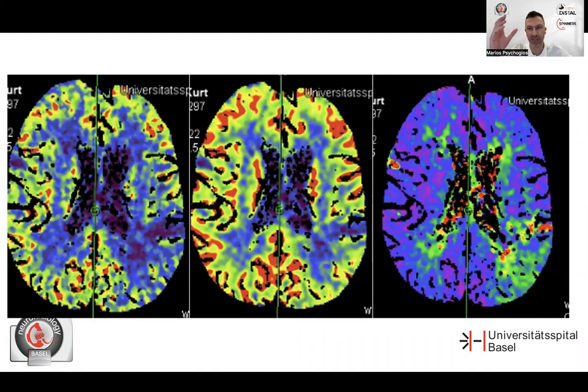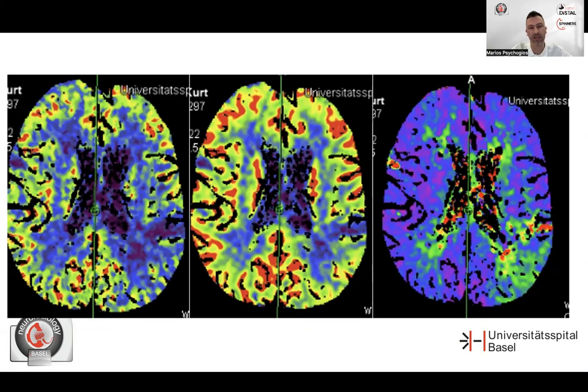So if the native CT is looking good, no demarcation, and the perfusion shows a deficit on the Tmax maps or on the time maps, then for us in the DISTAL trial in the late window, it's a mismatch, and then you can go on and randomize.